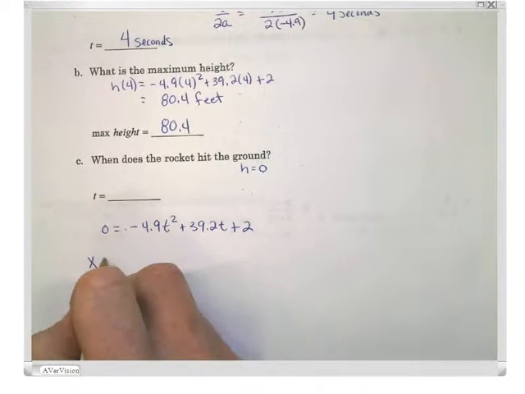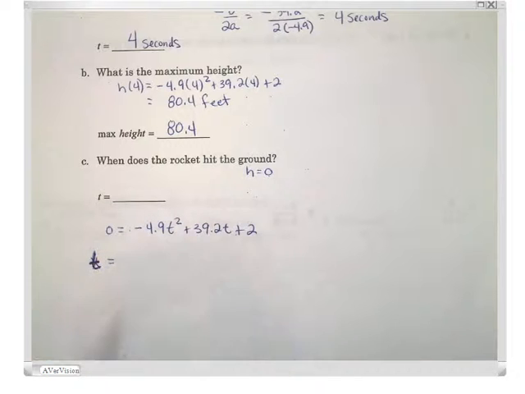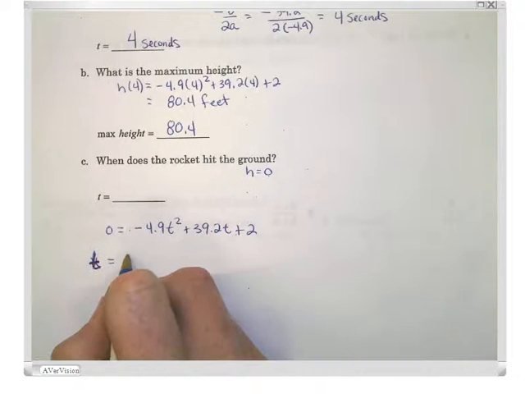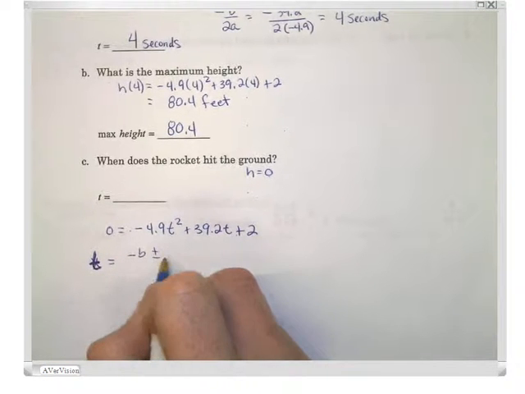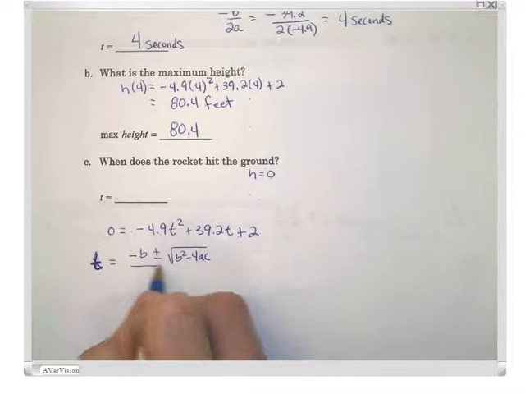X equals, or in our case t equals, because t is our variable for x, t is equal to the opposite of b plus or minus the square root of b squared minus 4ac all over 2 times a.